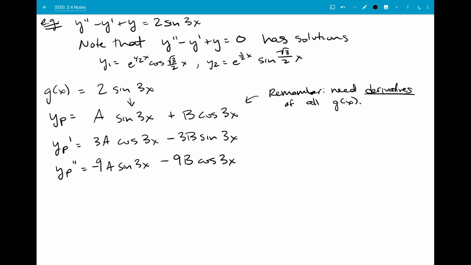We're going to try to plug this into our differential equation. So we want y sub p double prime minus y sub p prime plus y sub p to equal 2 sine 3x.